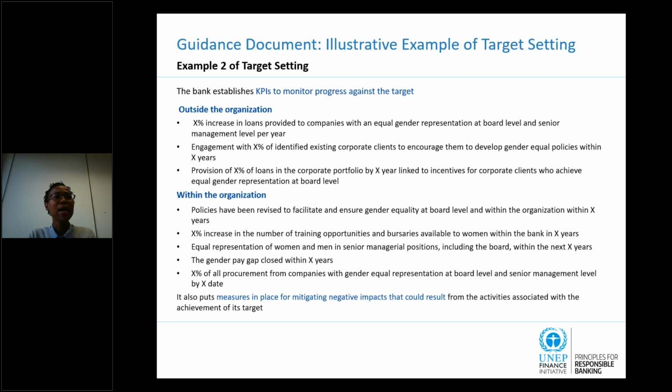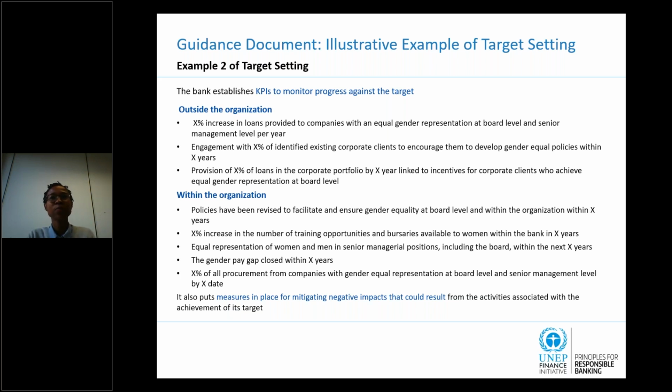The first being an X% increase in loans provided to companies with equal gender representation at the board level and senior management level per year. The second is engagement with X% of identified existing clients to encourage them to develop gender equal policies within X years.